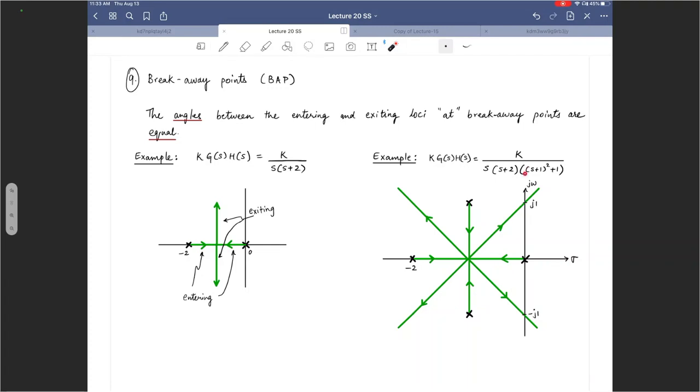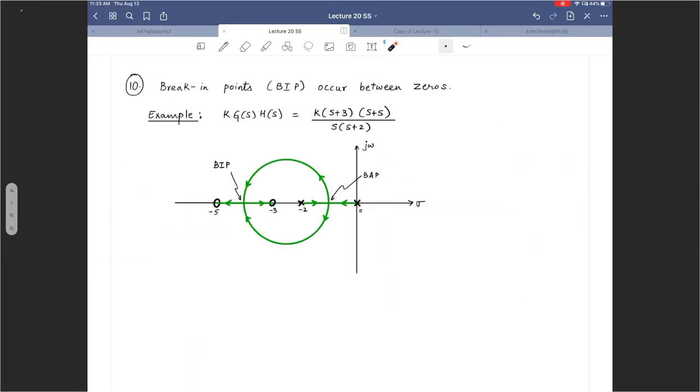For the other case, you have 2 starting points that are complex, 2 starting points that are real, and as you increase k, these come in, break away at this point and go in equal angles there. So the angles at which you enter and exit are all equal. That's rule number 9 as far as the entering and exiting angles are concerned at breakaway points.